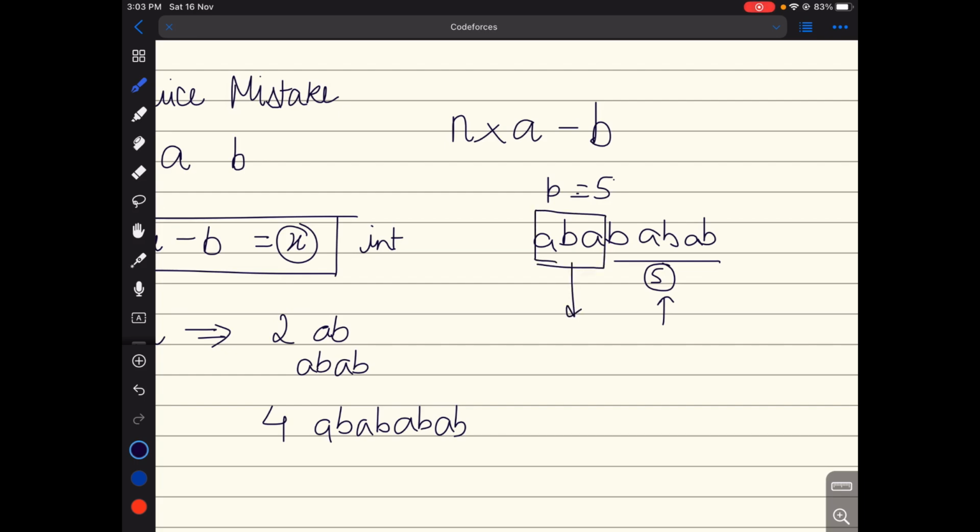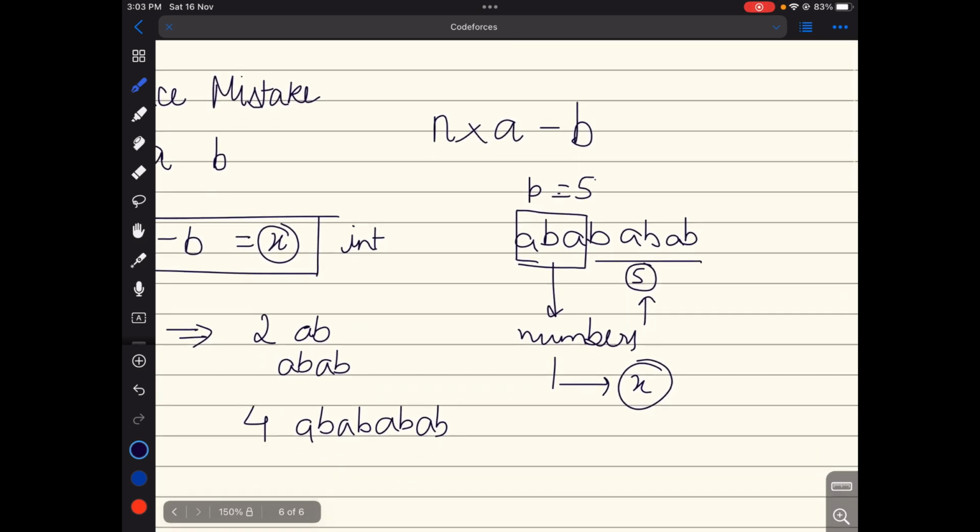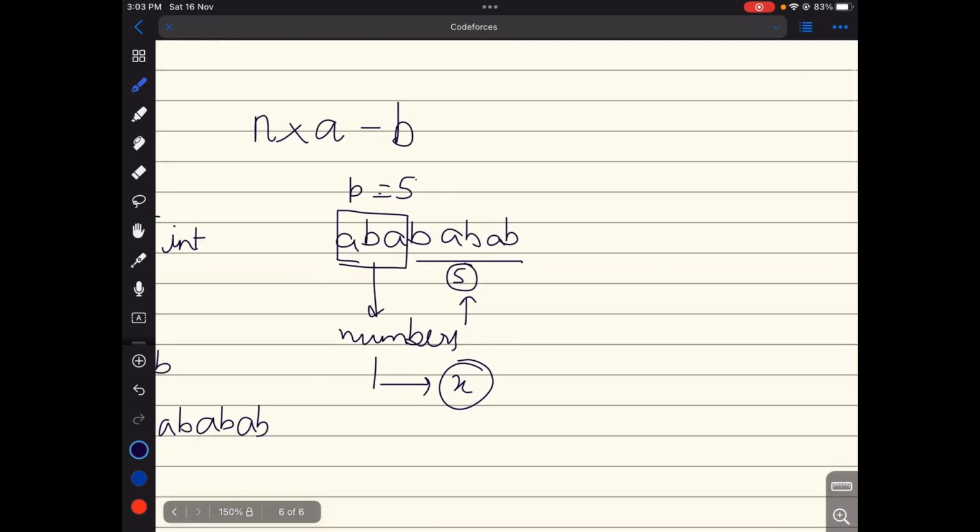And if these characters are converted into numbers, we should get the output x itself. Of course, this ab does not happen that much. It is basically the case of numbers.